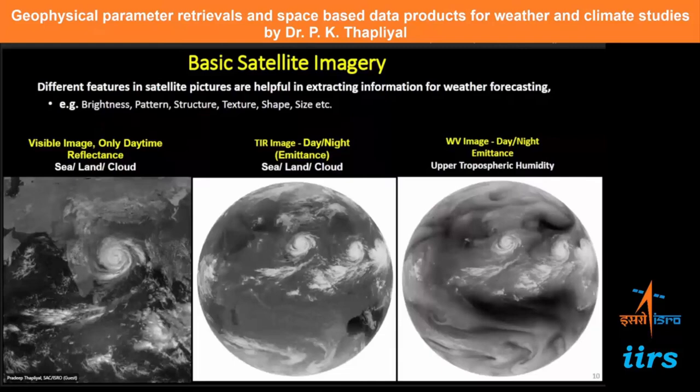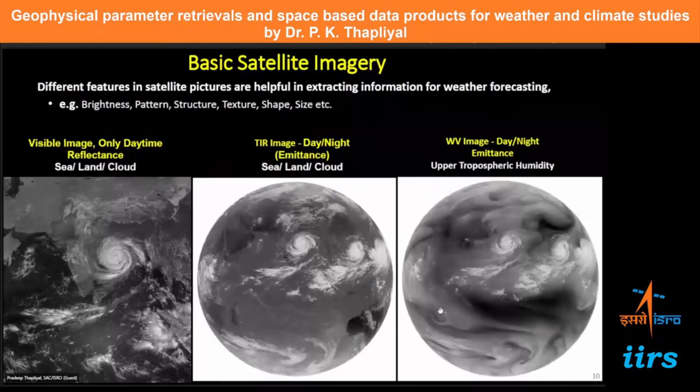Now you cannot see any feature corresponding to surface, because the radiation which is emitted by Earth's surface is getting absorbed by the atmospheric layers immediately above. So what your satellite receives is only the emission which is emitted by upper troposphere and stratosphere.